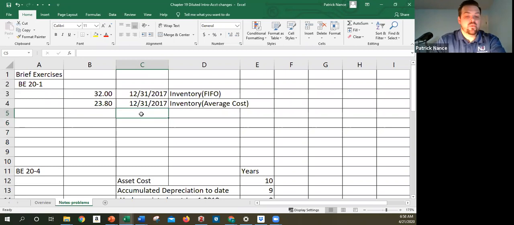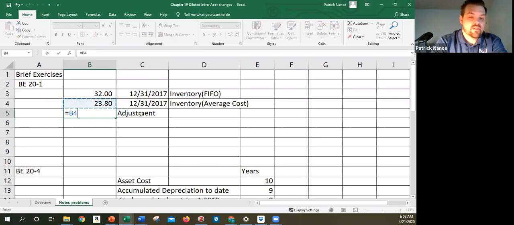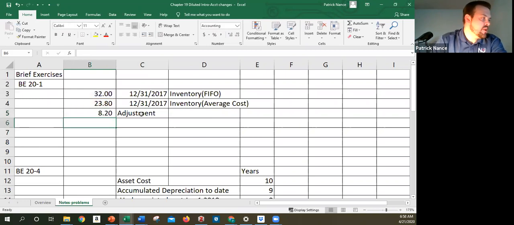So first thing, we've got to find what the adjustment is going to be. And the adjustment is going to be the difference between 32 million and the 23.8 million, so 8.2. So inventory has gone down substantially, which means if my inventory goes down, my cost of goods sold would go up.